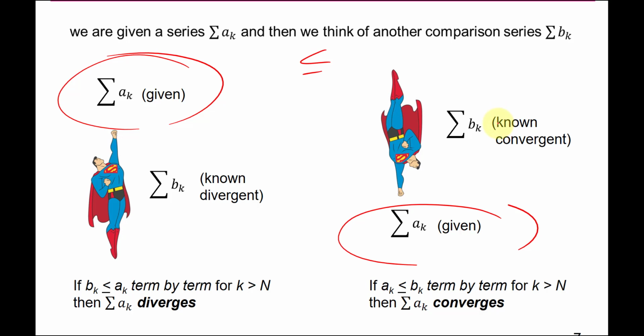Like I typically would use a p series or a geometric series that I know that it converges, and only if I had something that I knew converges, I would then have to make sure that it was larger term by term than the given one. All right, so that's the very subtle and important logic about applying the direct comparison test. And besides that, it requires that each of the terms are positive.